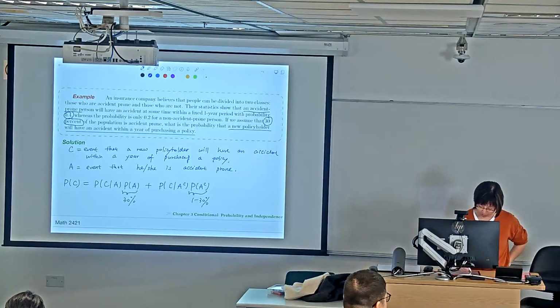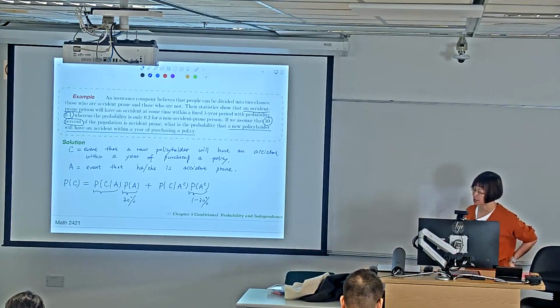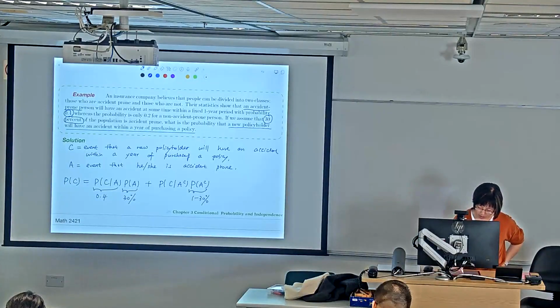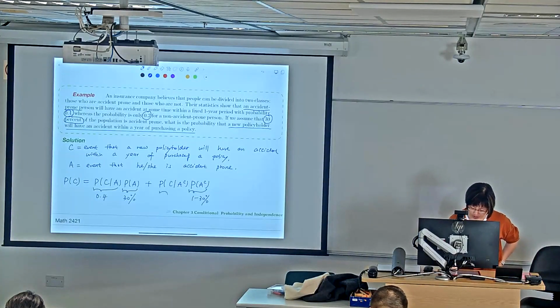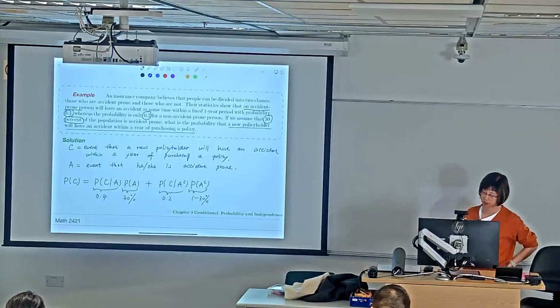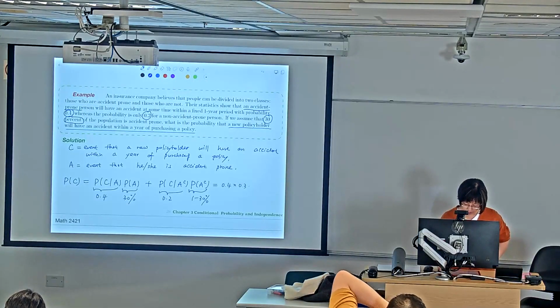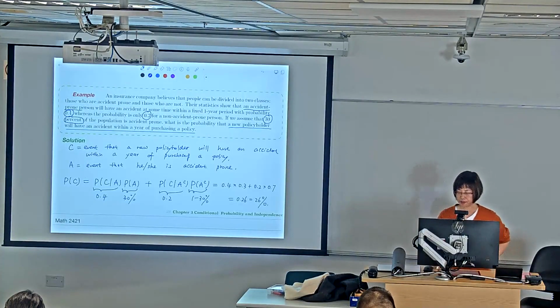This is a conditional probability: if you are given that he is accident prone, the chance he will have an accident is 0.4. So it's the probability of C conditioned on A. And this probability is 0.2 for a non-accident prone person, so it's 0.2 for the probability of C conditioned on A complement. We multiply these given numbers together, and this is 0.26, or a 26% chance.